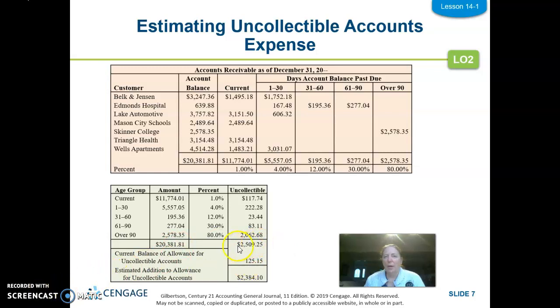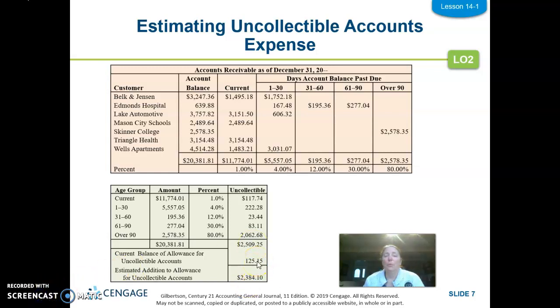So this is what our expectation is of what our estimate should be and what our account, called the allowance for uncollectible accounts, ought to have in it. However, you see out here the current balance in the allowance is $125. So what we're saying is it's at $125, but we need it to be at $2509.25, our estimate.